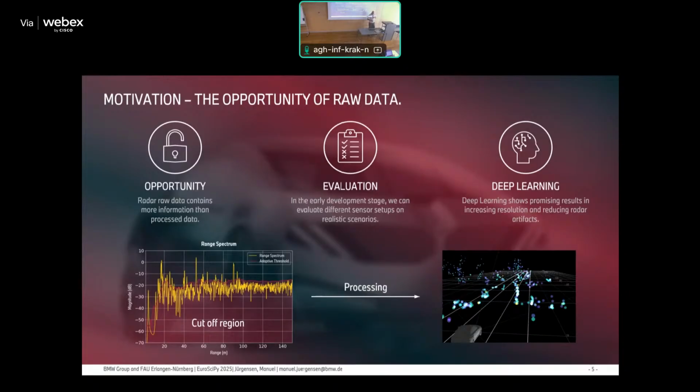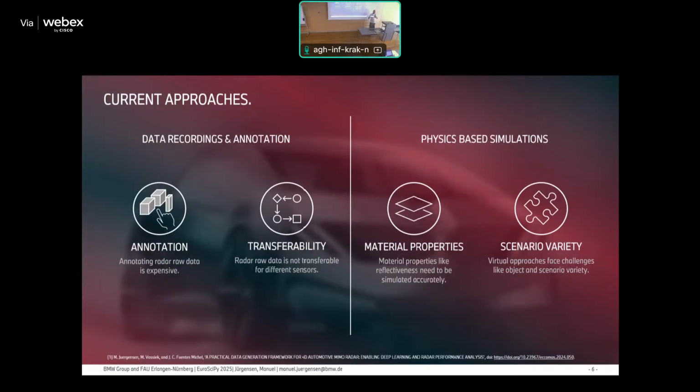So how can we do that? There are some current approaches. We can annotate raw data by hand. You saw the raw data. It's very time consuming. You need much knowledge about the radar, so it's costly and it isn't really feasible.